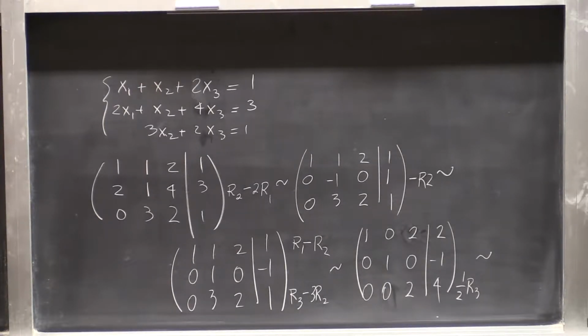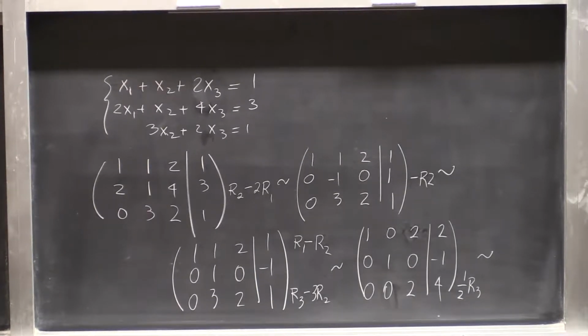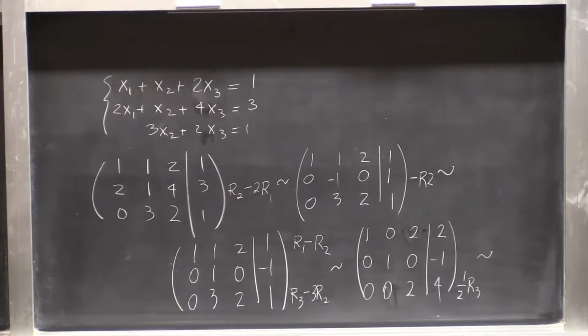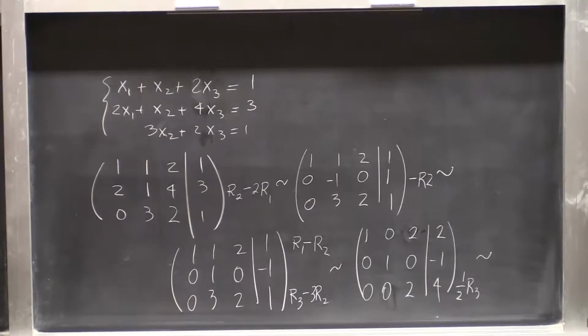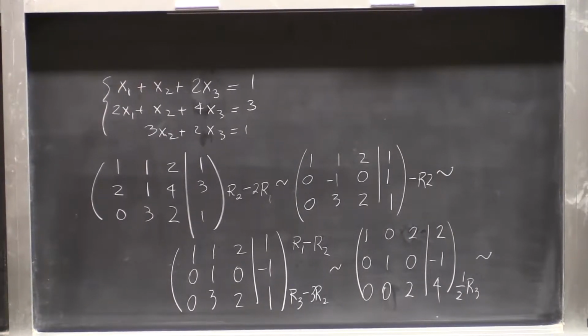And finally, I'm going to use this to knock out everything above it. So I'm going to replace row 1 with row 1 minus 2 row 3. Okay, so row 2 and row 3 just go along for the ride, so I'm just going to copy them over. 0, 0, 1, 2.